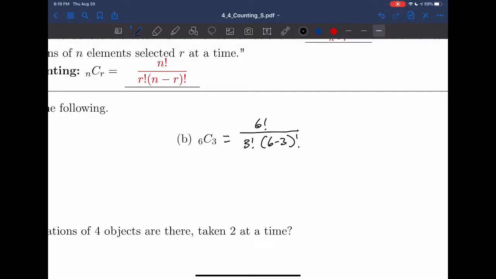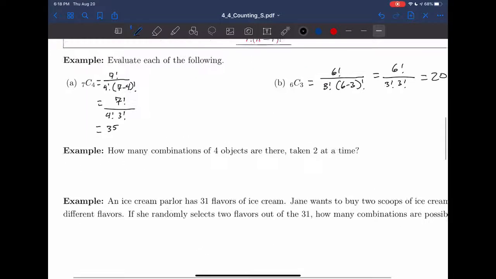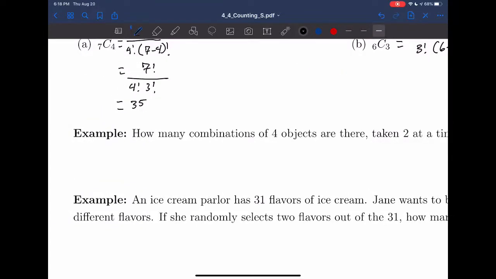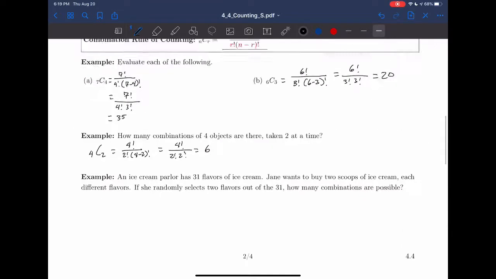So if you plug the values in, it should give you 20. Next, you want to know how many combinations of 4 objects there are taking 2 at a time. So you could say 4 choose 2. So that's another way you could say it. So if you plug in the values, this should be equal to 6.